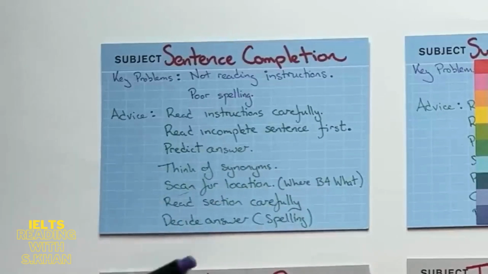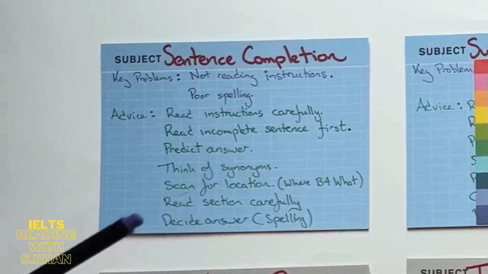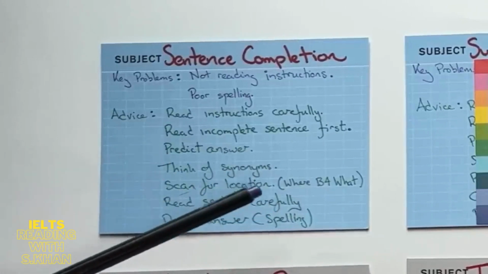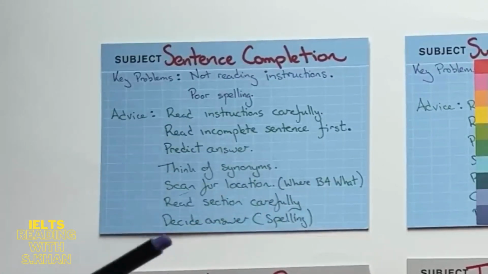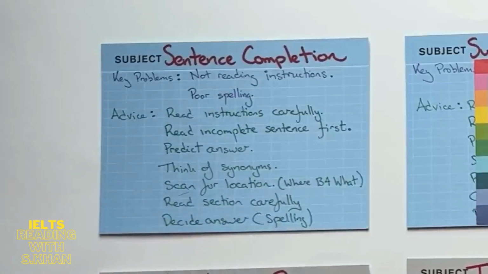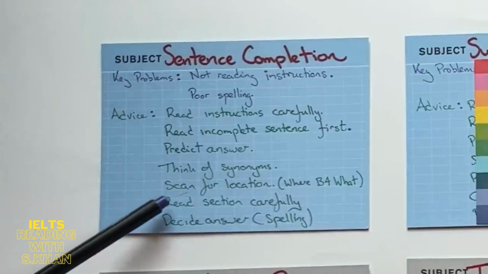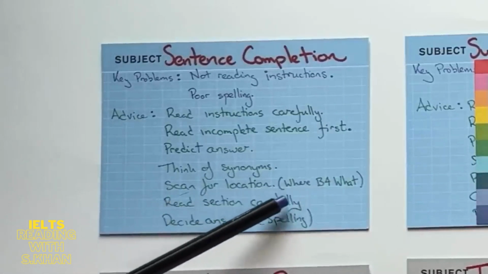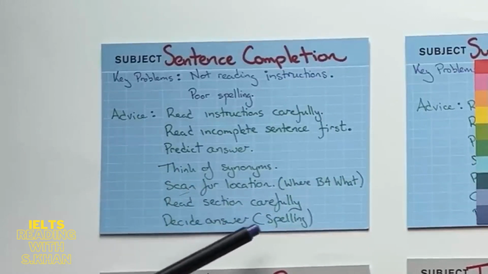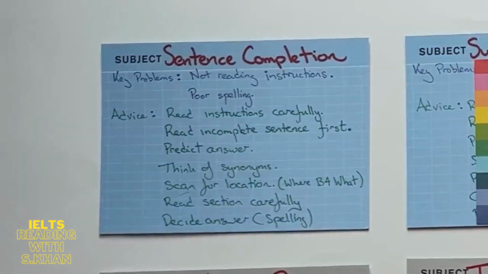So during the reading test, you're going to be looking for where the answer is first before you think about what the correct answer is. So you're scanning for the correct location first. Where in the text is it? And then you're only going to read the section carefully, think about what the correct answer is, and decide the correct answer, but be very careful with your spelling.